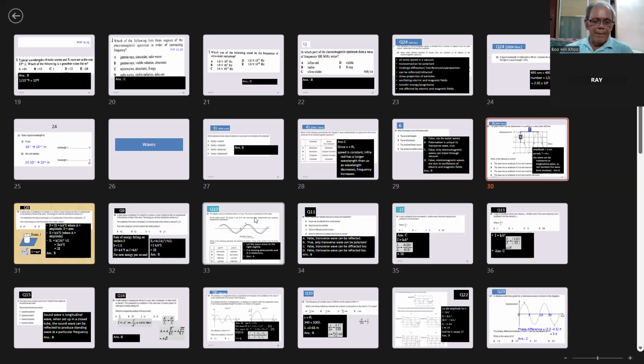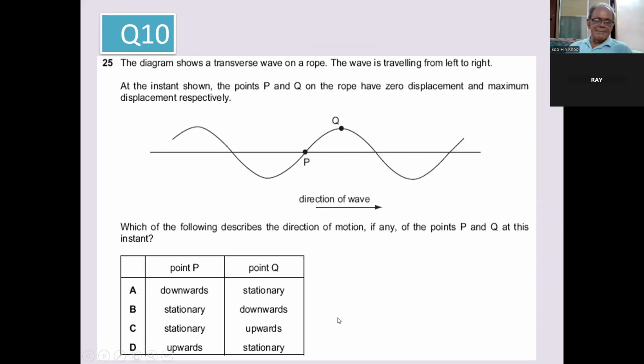Okay. Number 10. This is a displacement time graph.